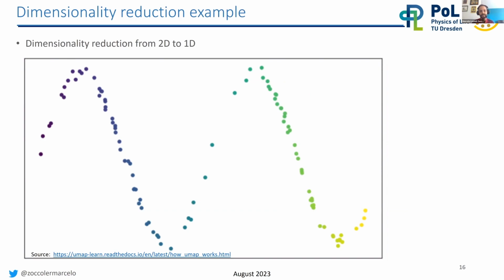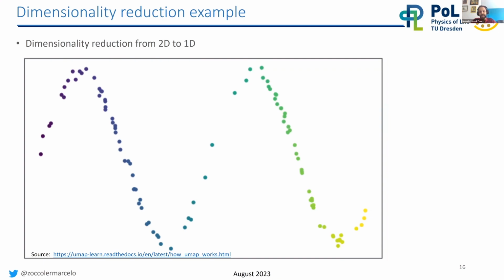And here is an example of how you could reduce the dimension from a 2D, in this case, to a 1D. So we can all see the pattern there, but the computer just sees points. It's not entirely clear at first that this should have the pattern that we are all seeing.